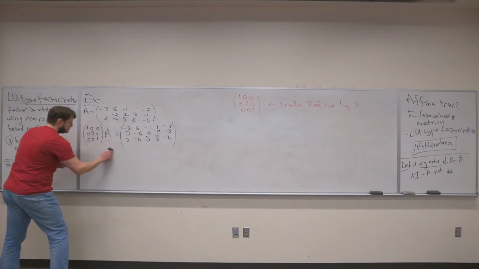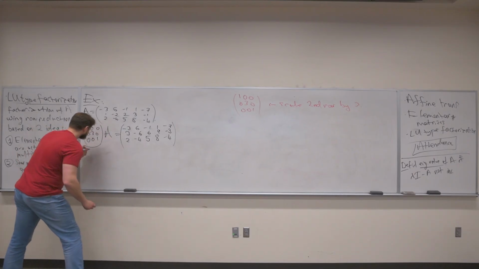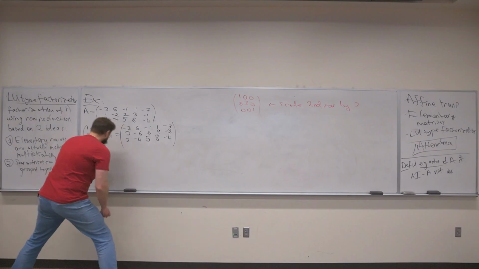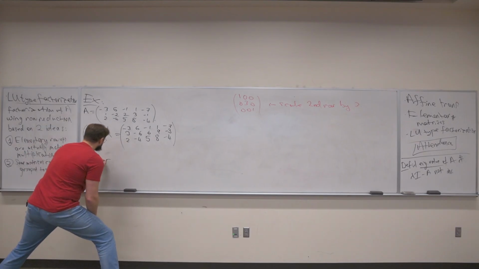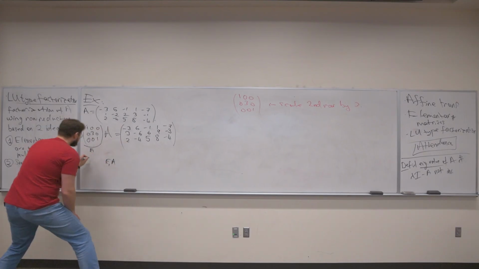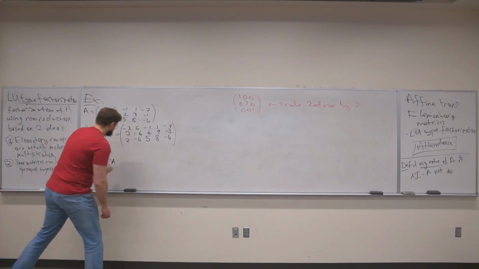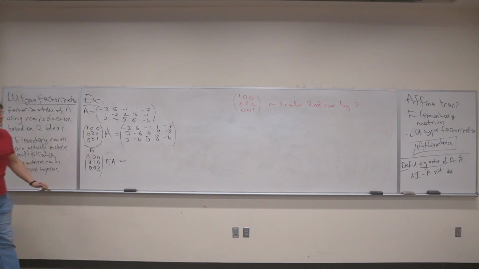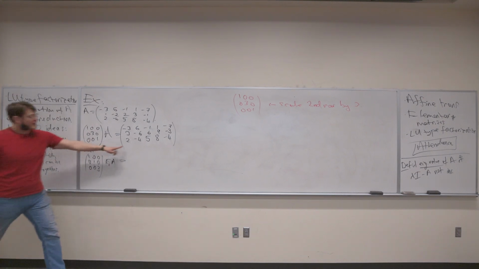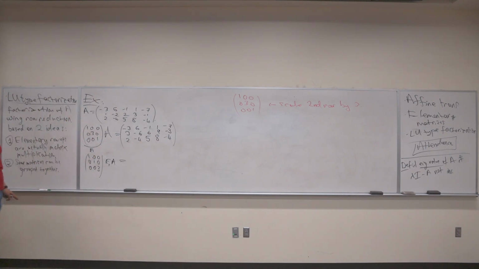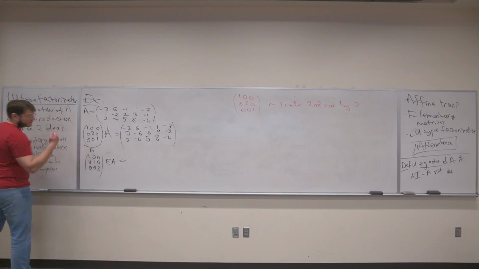And in fact, let me call this E1. I'm going to take this matrix and multiply it by this. Okay? So I take this 3 by 5 now and left multiply it by this.